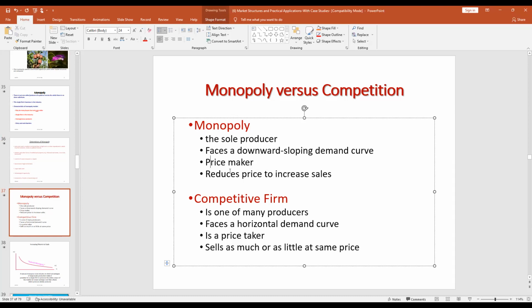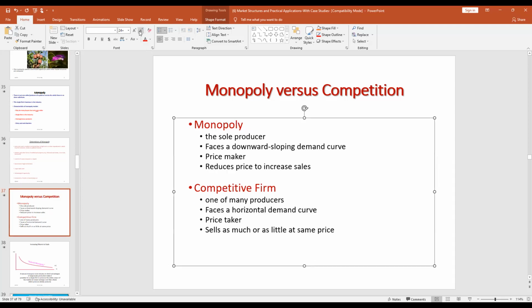If they want to increase sales, they must reduce the price. But in a competitive market, one of many producers, they are not price makers, they are price takers. They sell as much or as little at the same price. So this is the basic introduction. You can summarize like this.